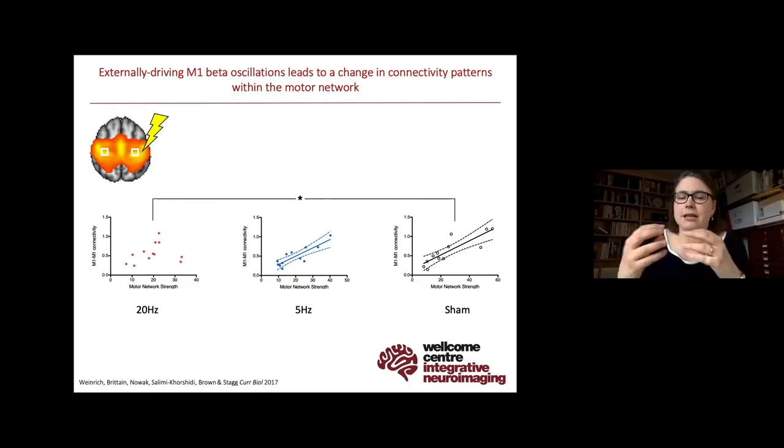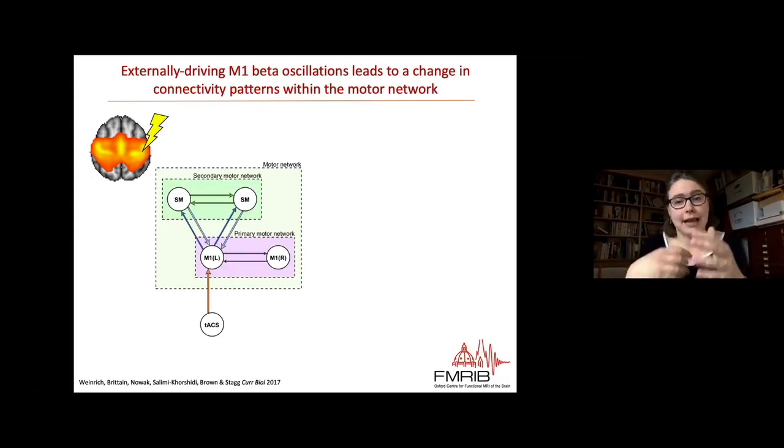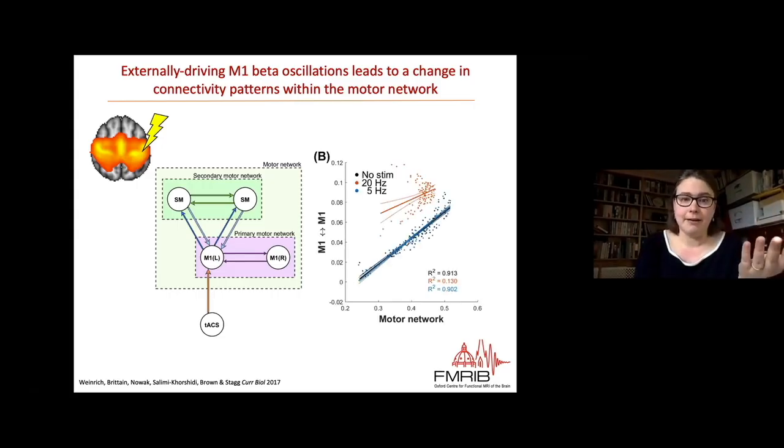We were interested as to the reasons that happened, and so we set up a little toy model that allowed us to explore this. And what this showed was exactly what we'd seen empirically, that this relationship between motor network connectivity and M1 connectivity was maintained with sham and 5 Hertz stimulation, but disappeared at 20 Hertz.